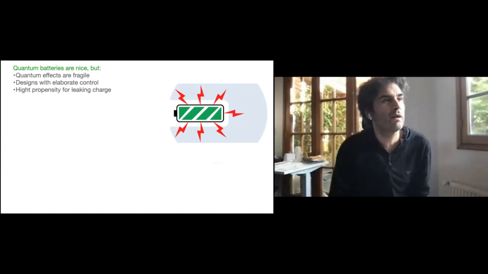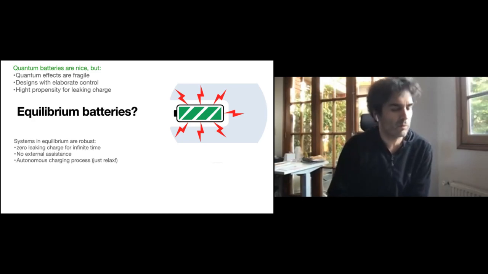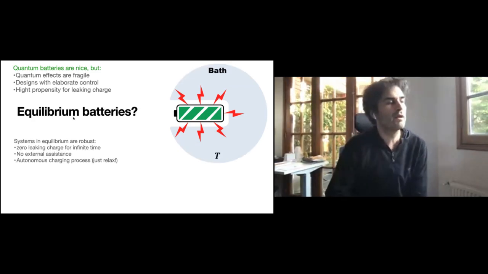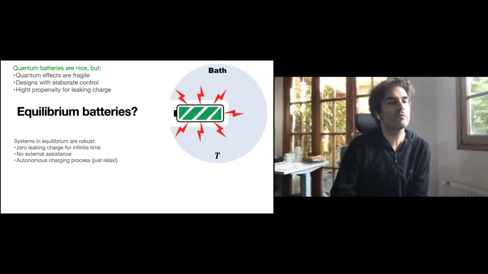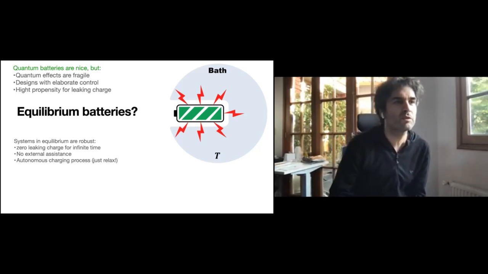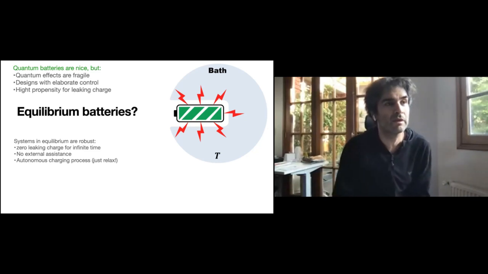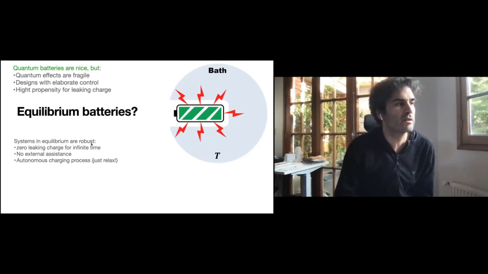So we thought about, what about considering equilibrium batteries? So is it possible to have a battery, a system which is in equilibrium with the bath and which will be anyway useful as a battery system? If this is possible, then it is nice, because the system is robust, so equilibrium is very robust.